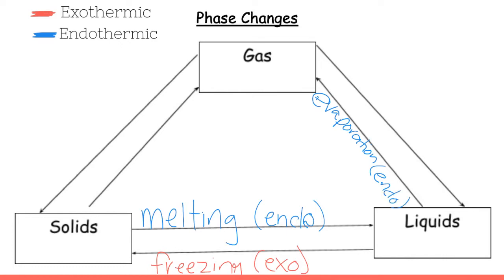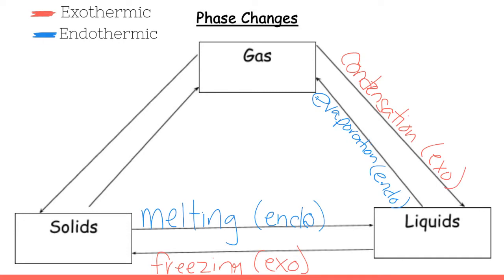The opposite side of that is where we go from a gas back down into a liquid, and this, of course, is going to be condensation. A little messy, but you can tell that's condensation. And that one is going to be exothermic, or energy is going to come out.